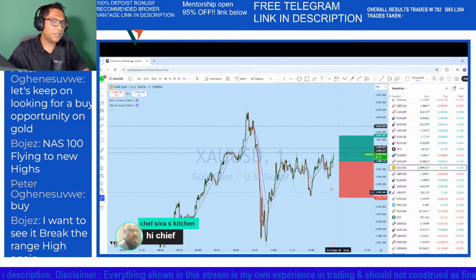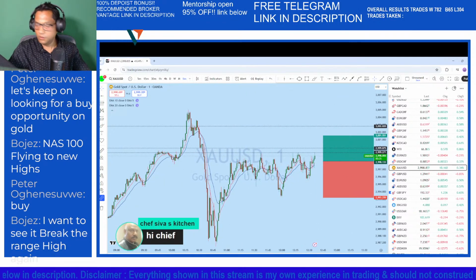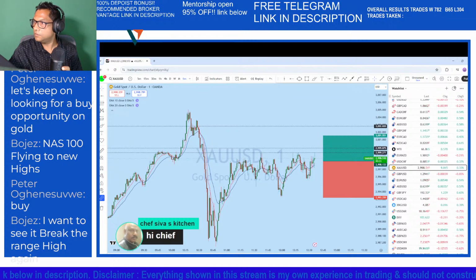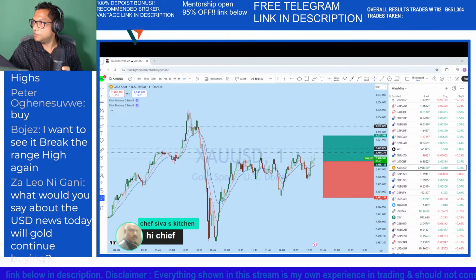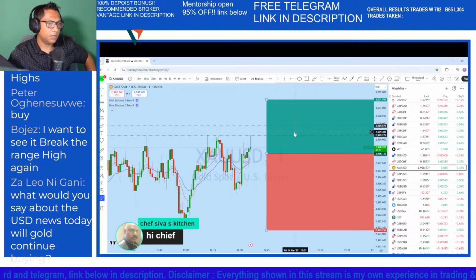So we have seen multiple liquidity gaps, potential breakout. And with this breakout, there is a doji.